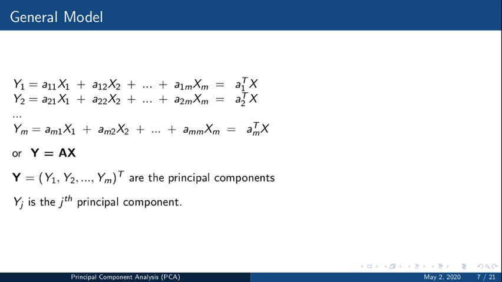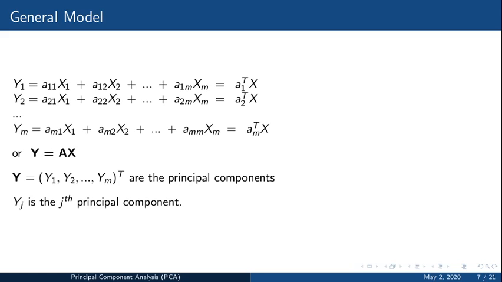So if you generalize this, say we have m variables, x1, x2, etc., xm, you can create linear combinations of these variables, like y1 equal to a11 x1 plus a12 x2, etc., a1m xm, which is a1 prime x, y2 equal to a21 x1 plus a22 x2 plus etc., a2m xm, and so on.